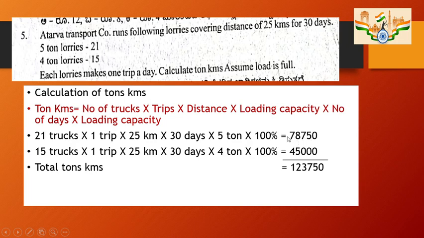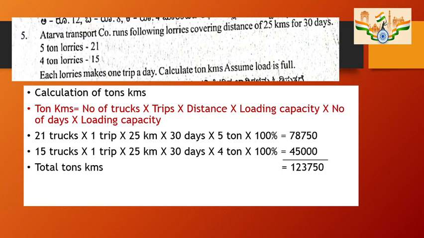That is 78,750. Same way 15 trucks, 1 trip, 25 kilometers, 30 days into 4 ton into 100%. So this formula should be percentage of loaded quantity, that you have to mention over there.